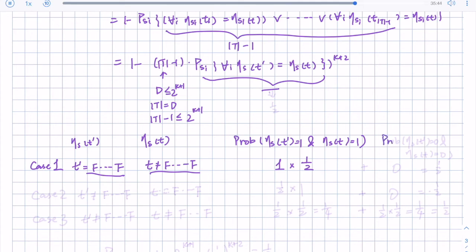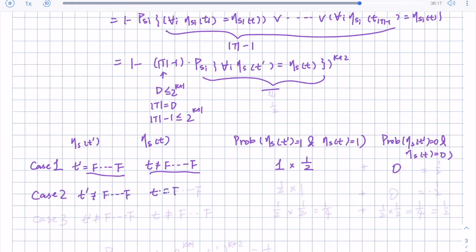Then what about the probability that eta S T prime is 0 and eta S T is also 0? Oh, so I shouldn't have said T prime here. Okay. So that is 0 because eta S T prime is always 1 in this case. So for case 2, we have the opposite scenario. T prime is not all false assignment, but T is.